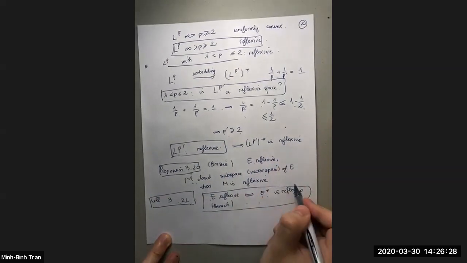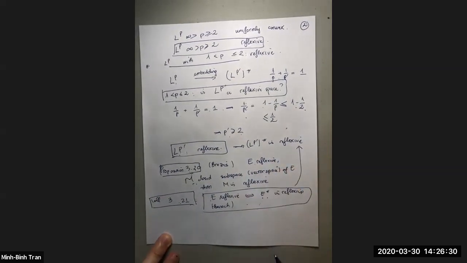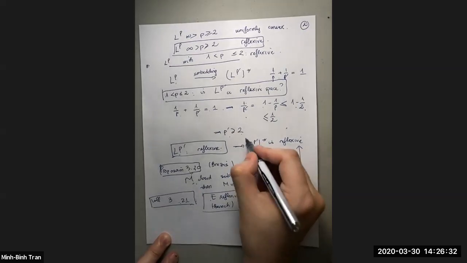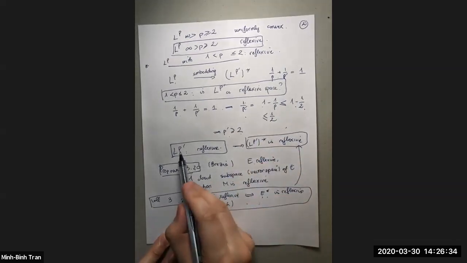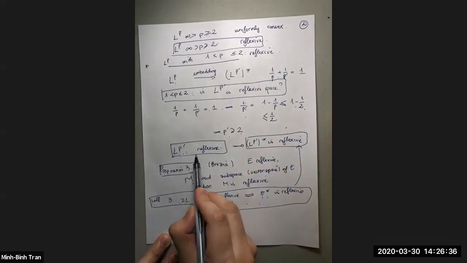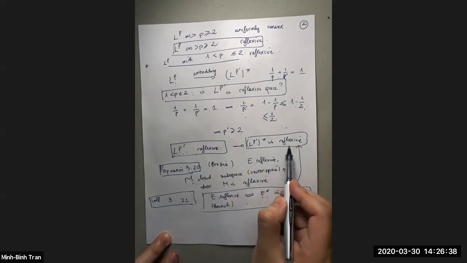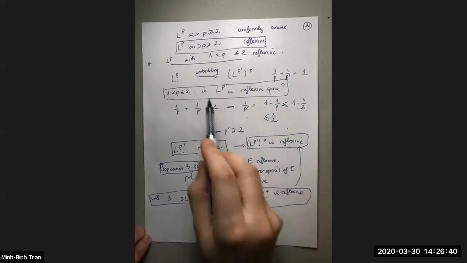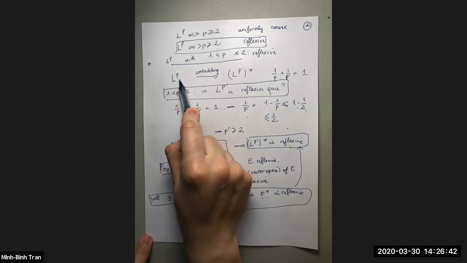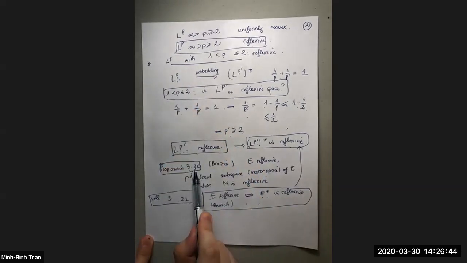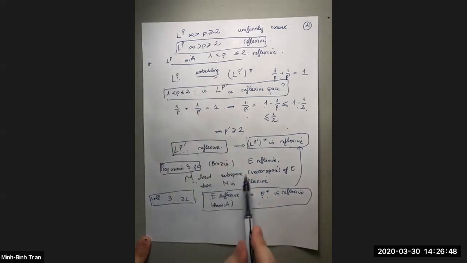Which is from 3.21. So this is what Stephen means. We know that L^p' is reflexive. Now, how can I prove that L^p is reflexive? I'm going to use Proposition 3.20 to show that L^p is a closed vector subspace of L^p' star, right?